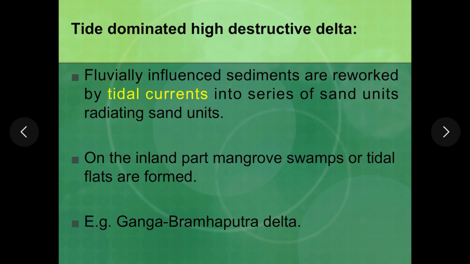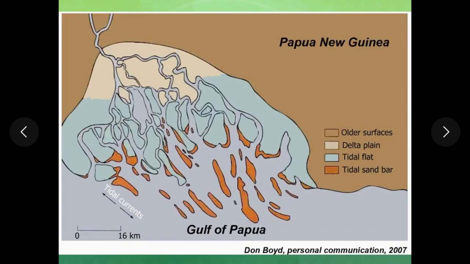In a tide dominated delta, you get to see formation of tidal flats as a result of reworking of sediments by tidal currents, and the sand units here are radiating sand units perpendicular to the coastline, like in the case of the Ganga Brahmaputra delta. On these tidal flats, in this environment, a lot of vegetation is seen in the form of mangrove forest and in the swamps or tidal flats.